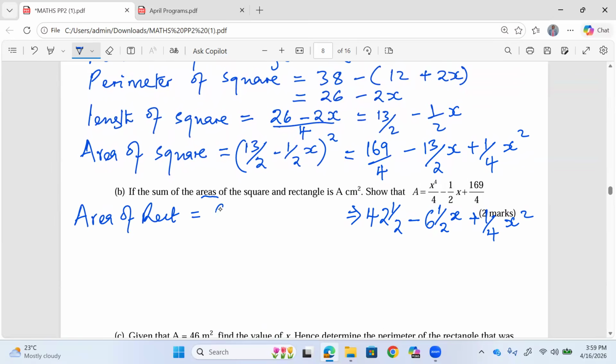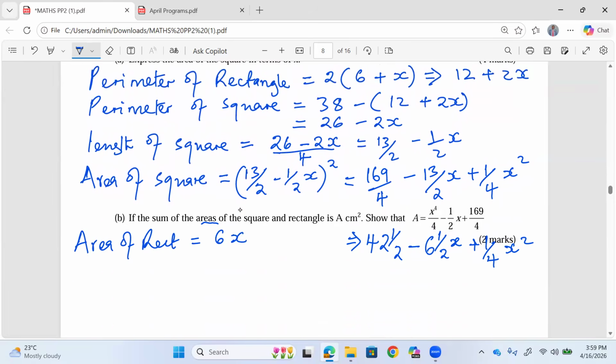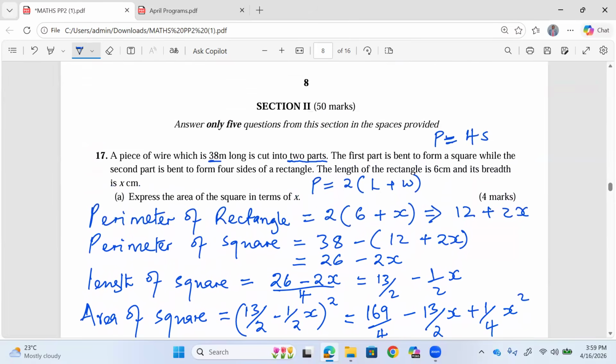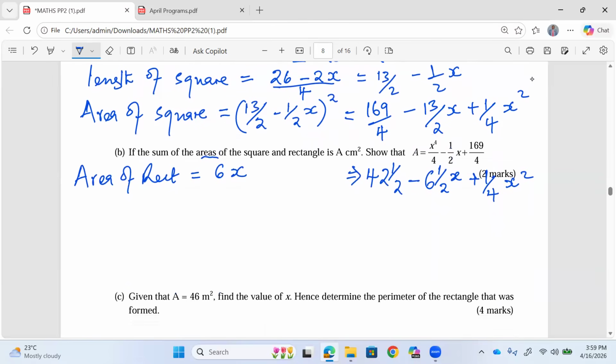Length times width. Because for the rectangle, it is length 6 times a width or breadth of x, 6 times x. So 6x. What about total area? A equals the sum. 6x plus the area for the square now.